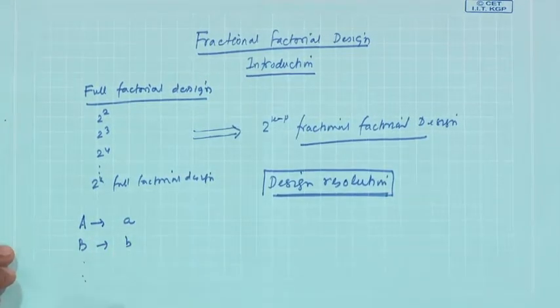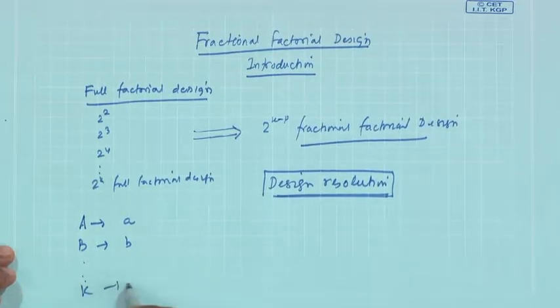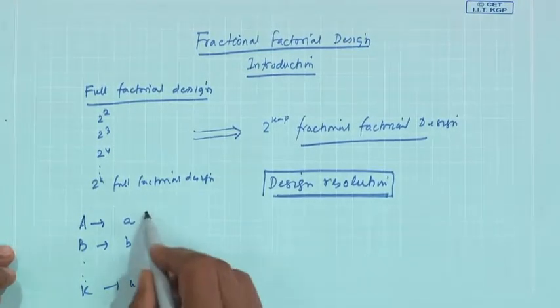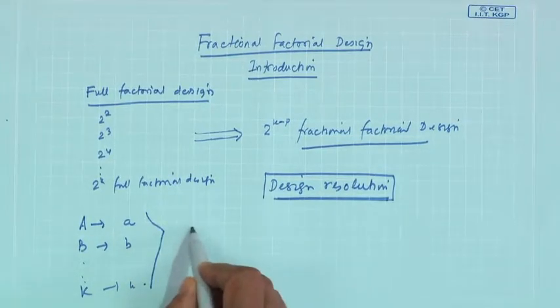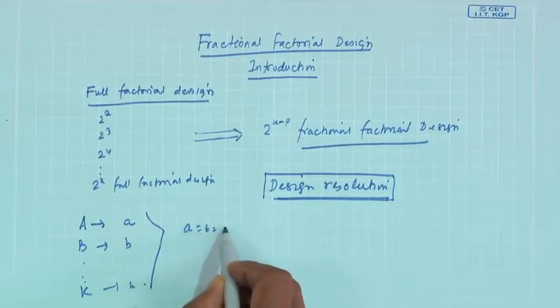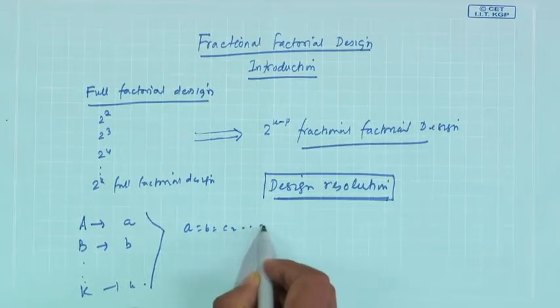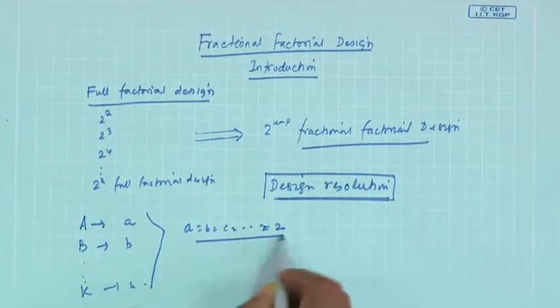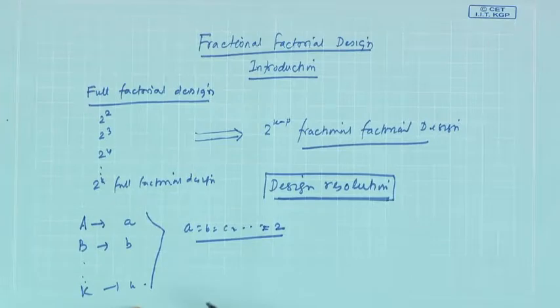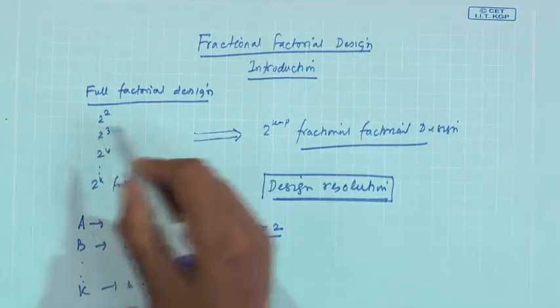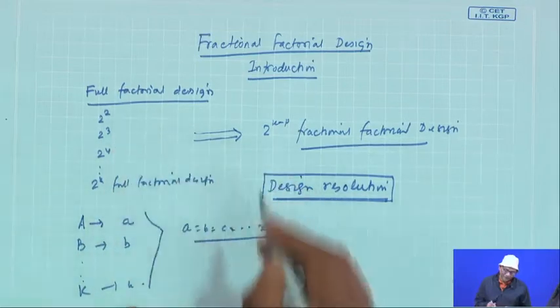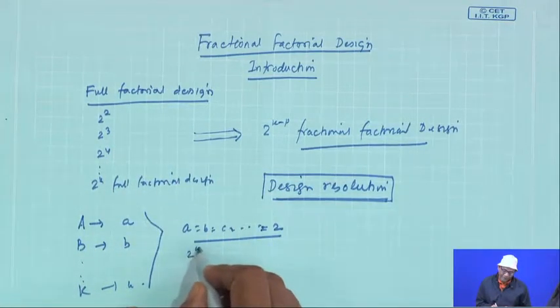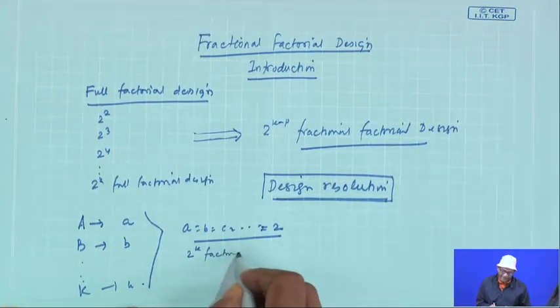So, like this k factors with k number of levels. Then from there we have reduced these levels to 2, A equal to B equal to C, all those things will be equal to 2. So, level 2. Then the 2 to the power k factorial design evolved.